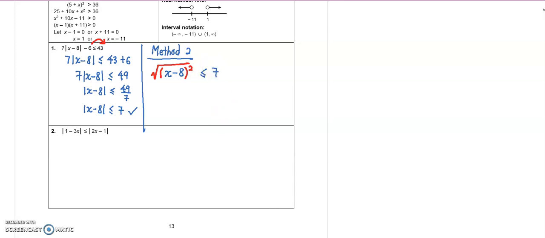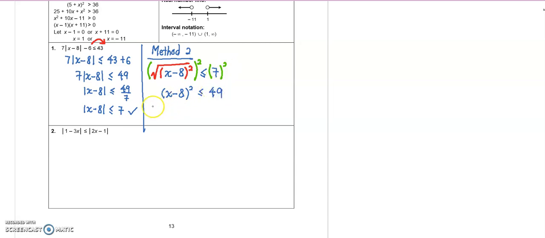In order to eliminate the square root, untuk menghilangkan square root ni, kita kena kuasa 2. Then we square. So from this part, what you have here is x minus 8 squared less than or equals to 7 squared, which is 49. And then we expand.